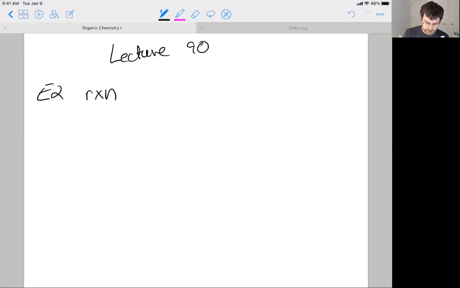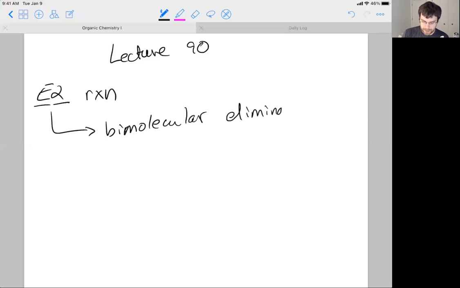So the E2 reaction, what you want to focus on is the E and the 2. This is short for bimolecular elimination. We saw the 2 for bimolecular in the case of the SN2 reaction, so this is very similar.